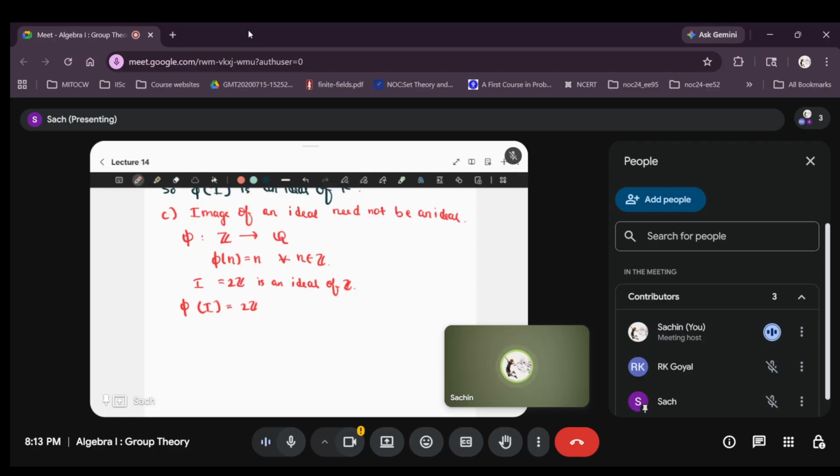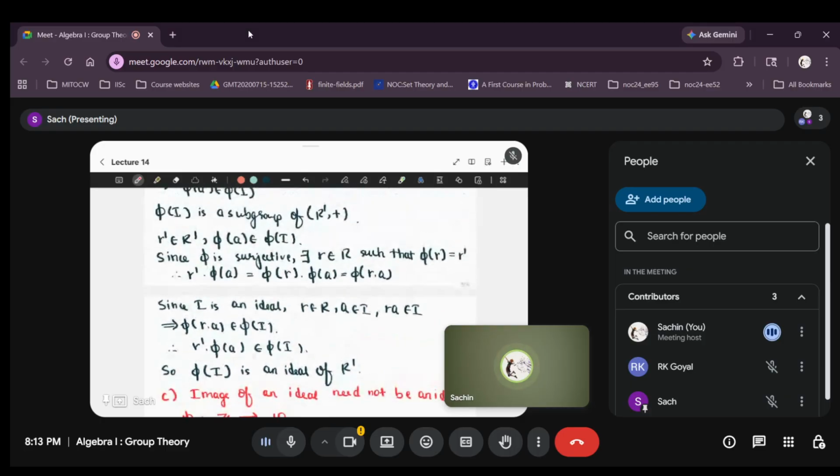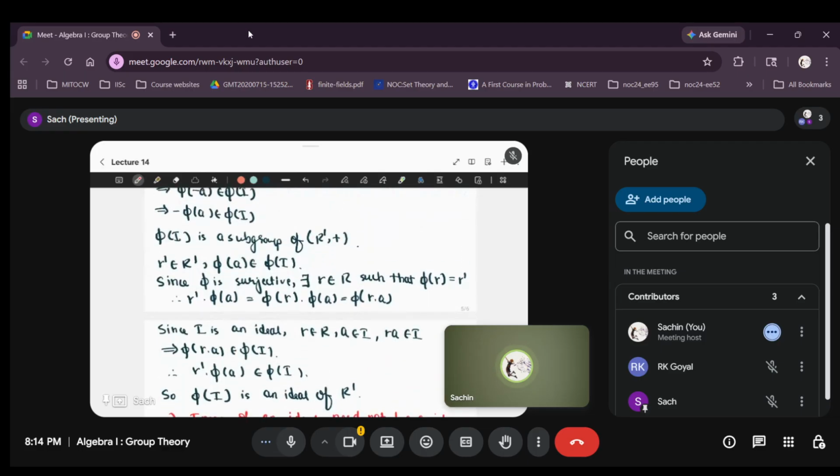The image of an ideal is an ideal only if the homomorphism is surjective. That is required when we are trying to prove the second property. Since phi is surjective, we can write every element r prime in the codomain as the image of some element in the domain.